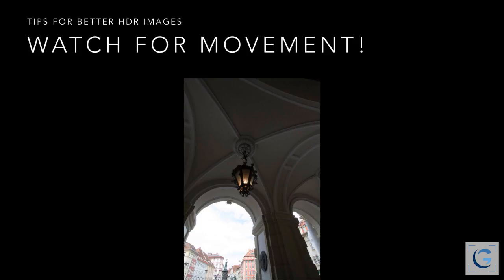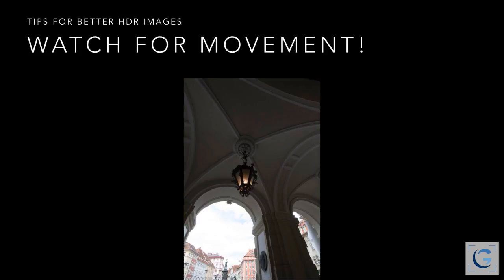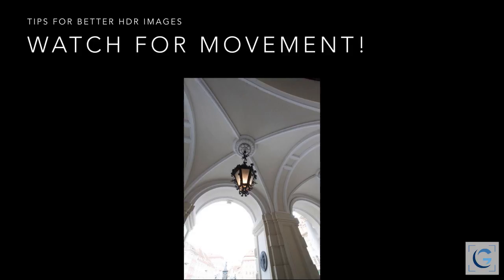And yet, even with automatic exposure bracketing in this case, movement that I did not anticipate was actually there. And so if I switch to another image in the sequence, and then back again, if you look carefully at that lamp that is hanging from the ceiling of the portico, you'll see that from frame to frame, it moves a little bit.